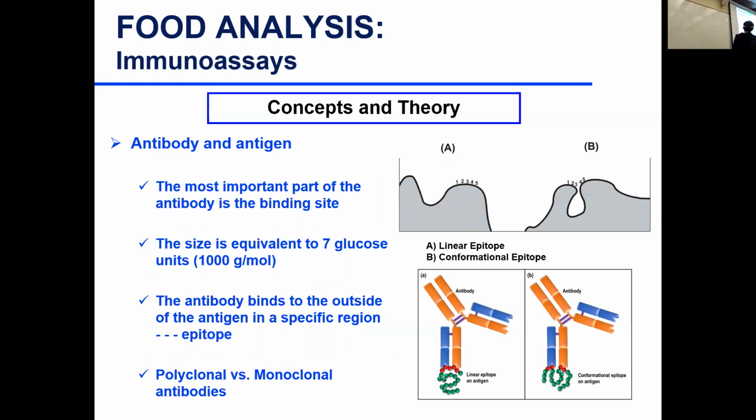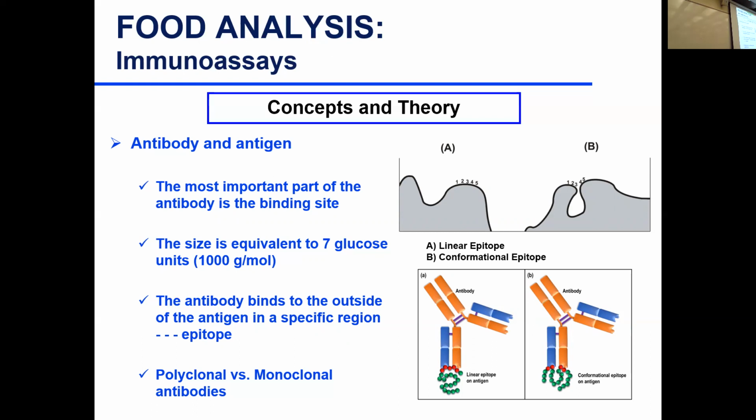We have the binding sites, and every antibody has 2 binding sites, and then you have the antigen with epitopes, or the region where the binding happens. It can be a linear epitope. Let's say this is a protein, a linear epitope, let's say this is amino acid 1, 2, 3, 4, 5, they are in sequence, so linear, and can bind to the antibody, or they can be conformational.